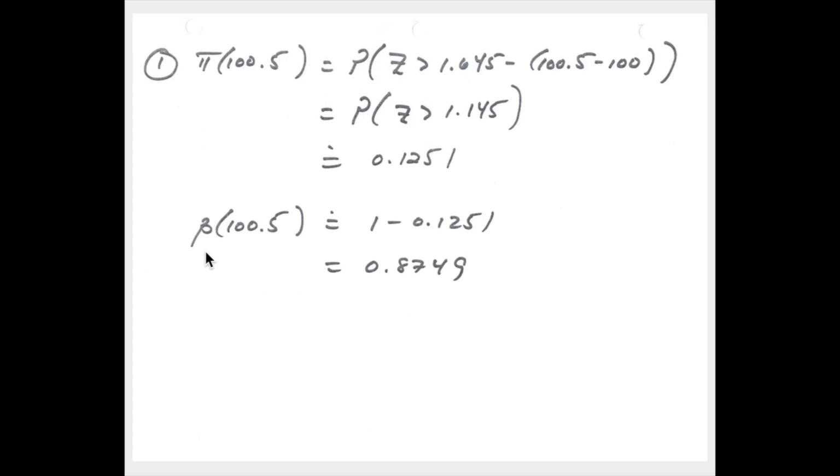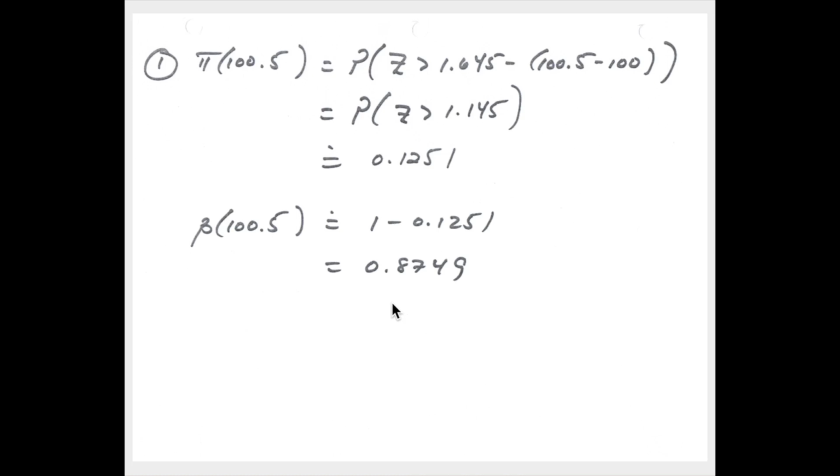Now, to calculate beta, we could use those formulas given in the notes, but we could also use the fact that power plus beta is equal to 1, and we can rewrite that so that beta is equal to 1 minus the power. So we've already calculated the power, 0.1251, and so beta, the beta function, which again is the probability of committing a type 2 error, when mu is equal to 100.5 is 1 minus 0.1251 or 0.8749.